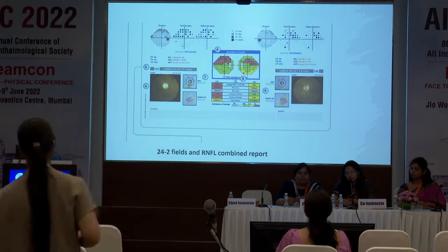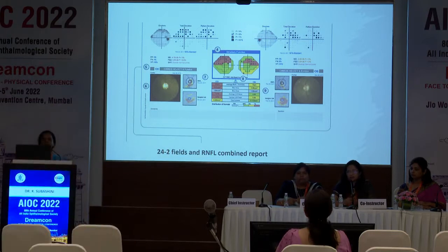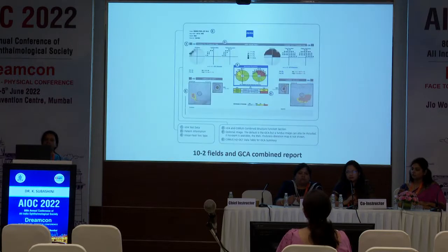You can see the superior arcuate defect, and the OCT changes in the corresponding sector of the optic disc correspond. Similarly, you can see the 10-2 and the glaucoma ganglion cell analysis.